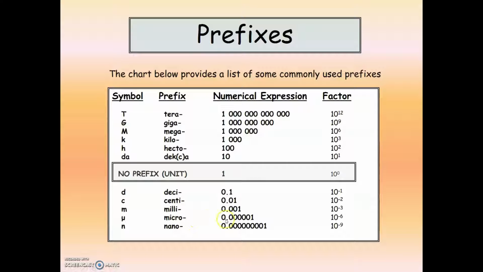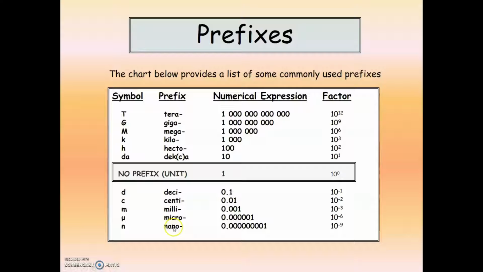Micro then is going to be a millionth. Now this symbol is micro. It is a two-legged U. If you take a U and put 2 legs on it, that's what the symbol is. It comes from the Greek letter mu, the Greek letter for M. It's a two-legged U, and it represents times 10 to the negative 6th, or 1/1,000,000th.